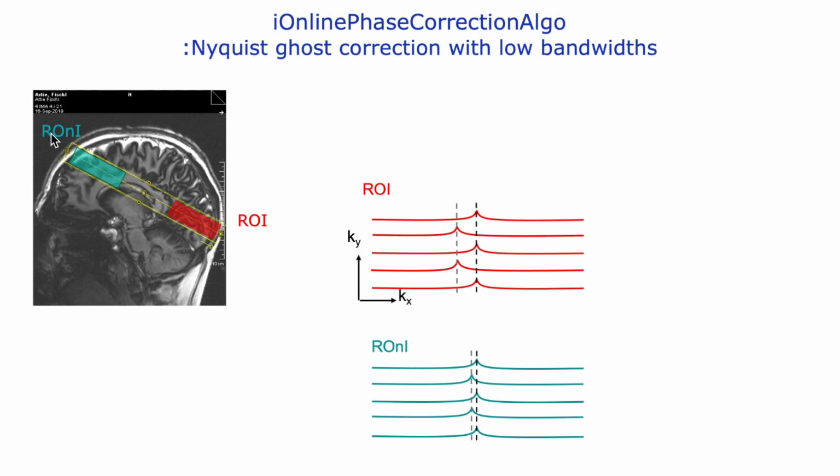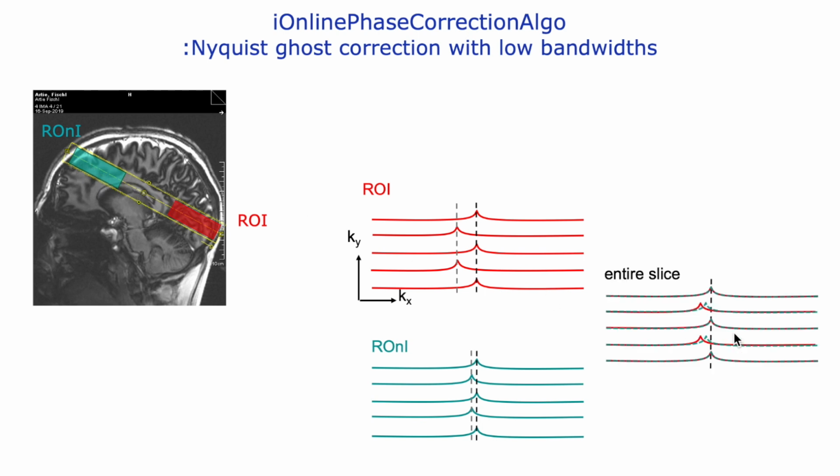Meaning that now in k-space, those ROIs and RONIs are combined, and we end up with maybe a k-space pattern like this. And obviously it's not so straightforward to correct for delays now, because we have multiple different delays of signals superimposed on top of each other, and we don't know which signal comes from where.